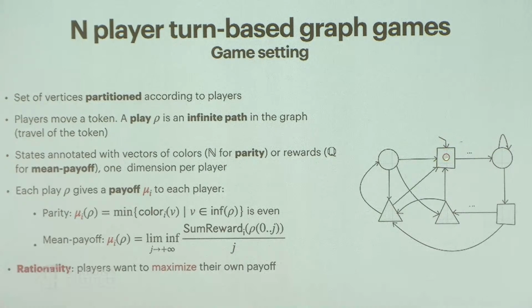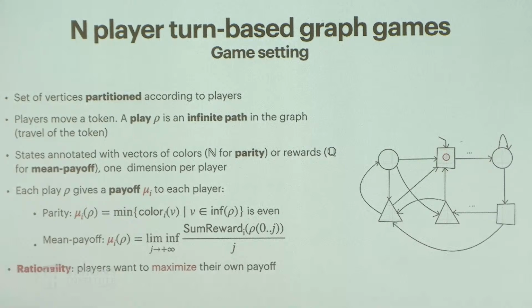We have a token that will move along the edges of the graph, and it will create an infinite path in this graph, and this will be called the outcome of the interaction of the players.